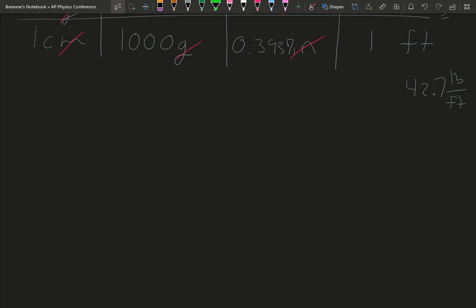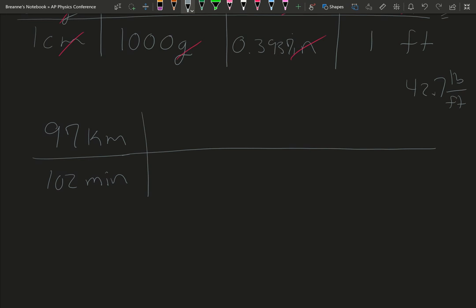So we need to convert our 97 kilometers per 102 minutes. We need to convert that into miles and hours. So again, we're going to focus on the kilometers first. Kilometers goes down. We're going to go to meters.